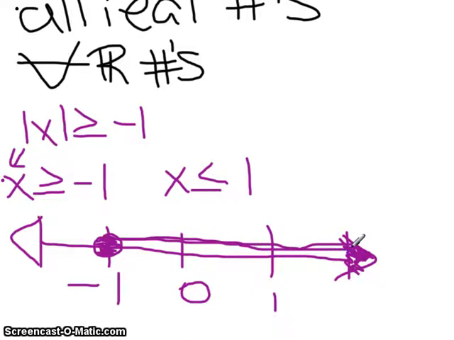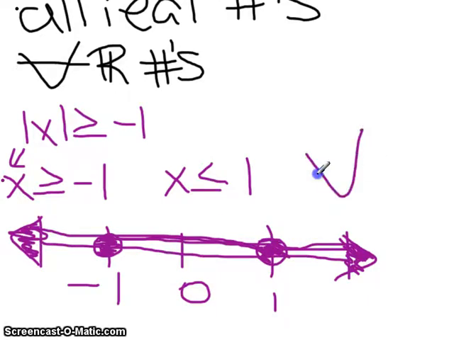Okay, or it can be less than or equal to +1. So I go to my +1, draw my circle, color it in, and it can be less than or equal to positive 1. So now you see with combining those two, I have the entire number line colored in. Therefore, my solution is all real numbers.